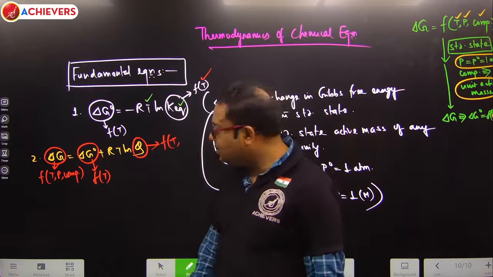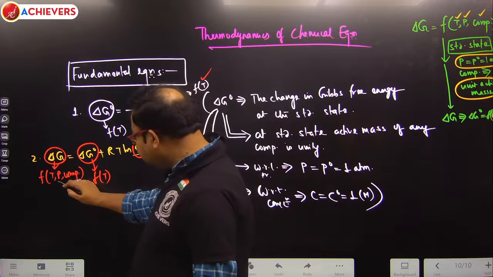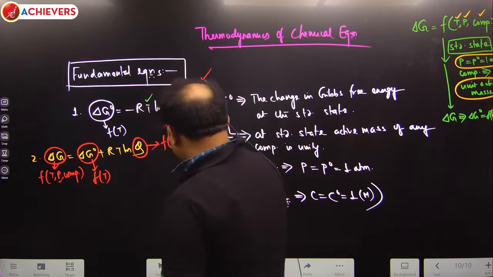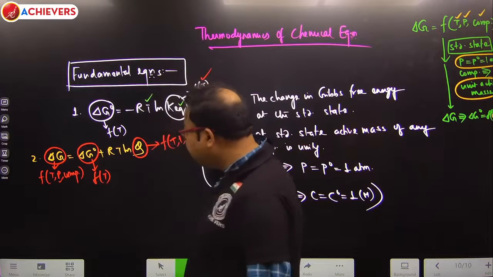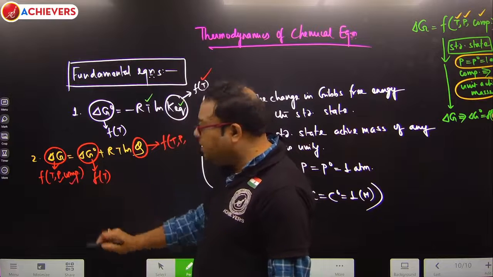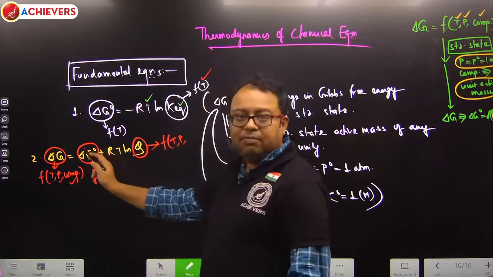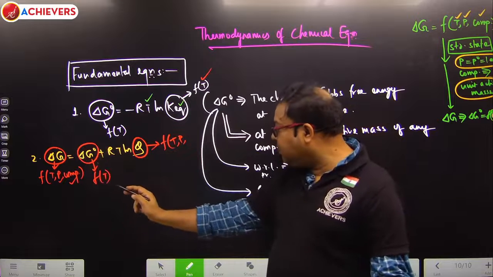Other than that, it has a pressure dependent term, and a composition dependent term again coming from Q. In the first term, delta G0, there is no composition dependence.